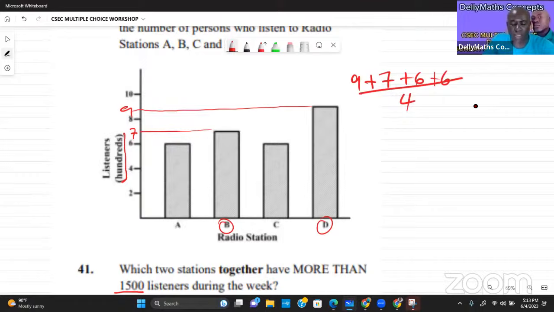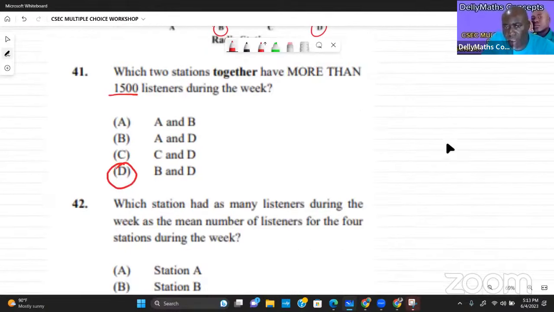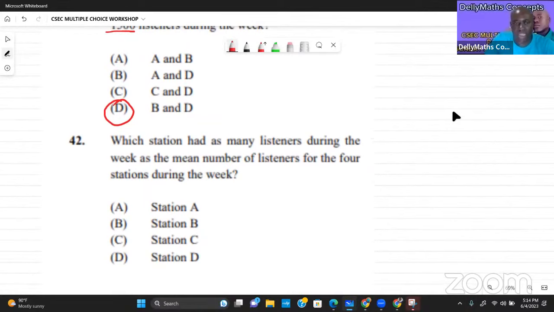That looks like 28. 9 plus 7 plus 6 plus 6. Yeah, that's about 28 over 4. So 28 over 4 is 7. So which one of them would have a 7? B. So the answer is B right there. When you read what they want, which one's listeners is like the average of everybody? B.